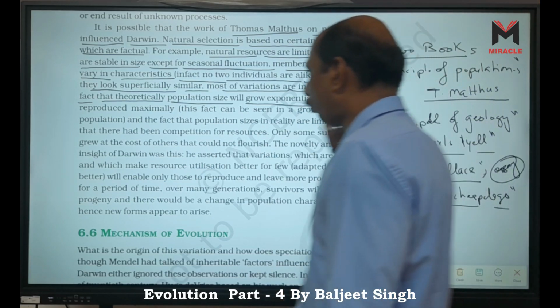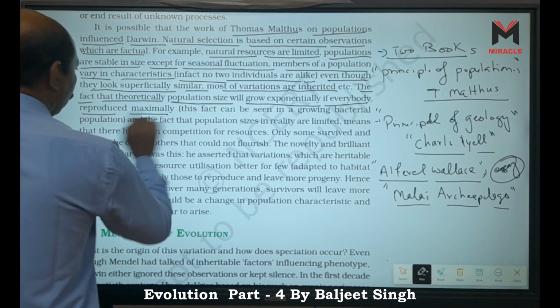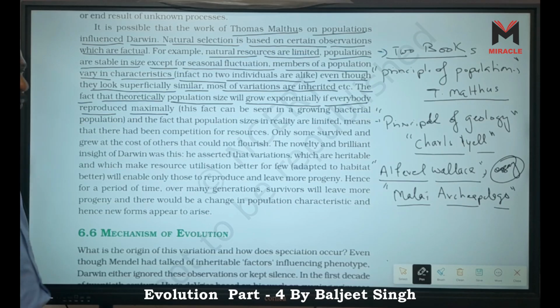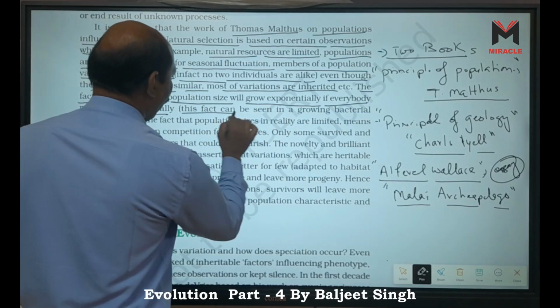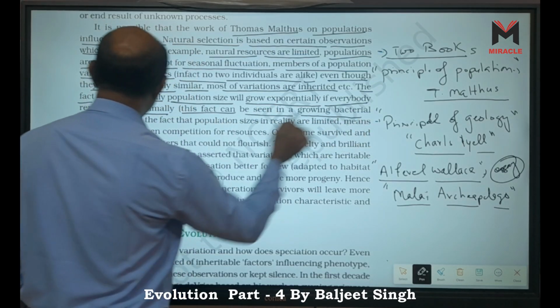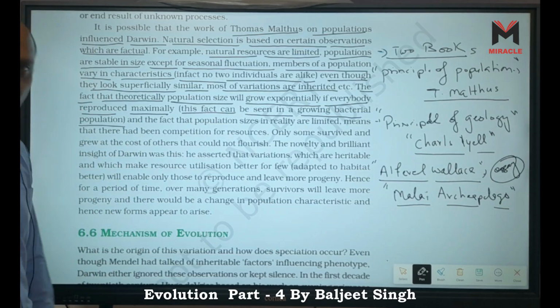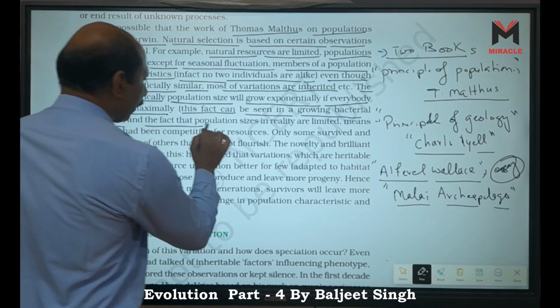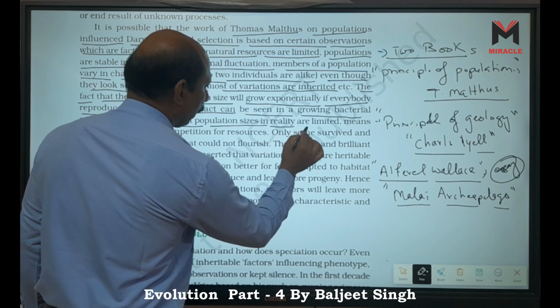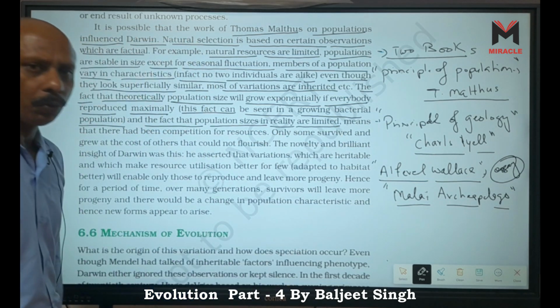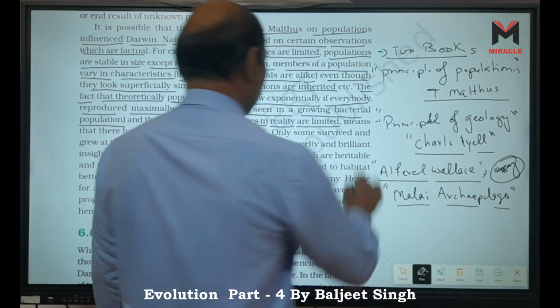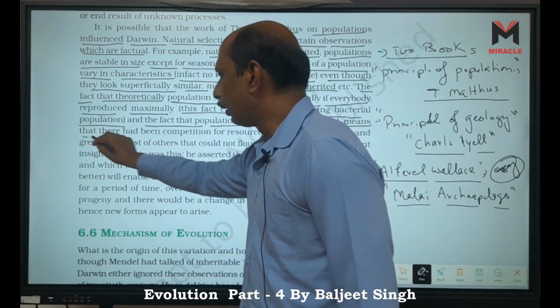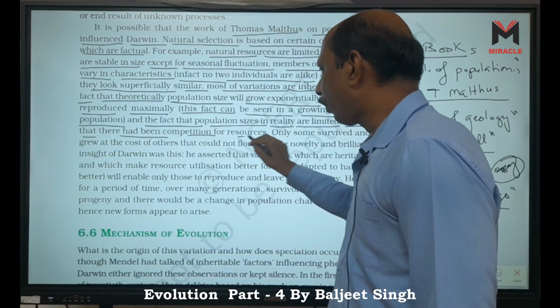If everybody reproduces maximally, growth is exponential. This can be seen in a growing bacterial population. But in reality, population size is limited, due to limited resources, which means there is competition for resources.